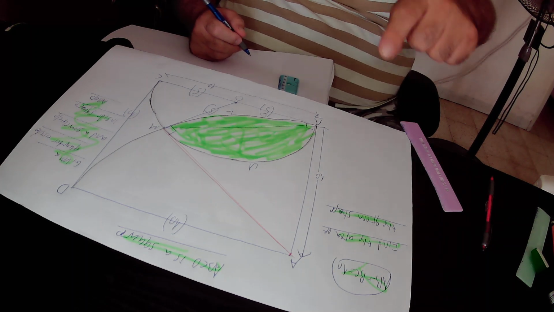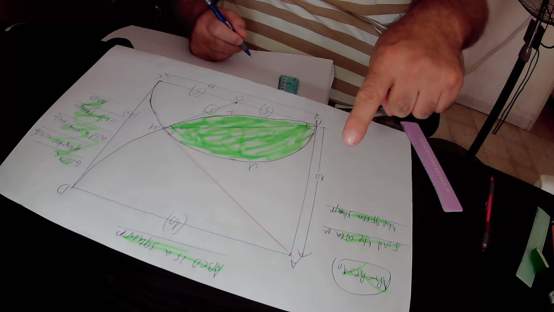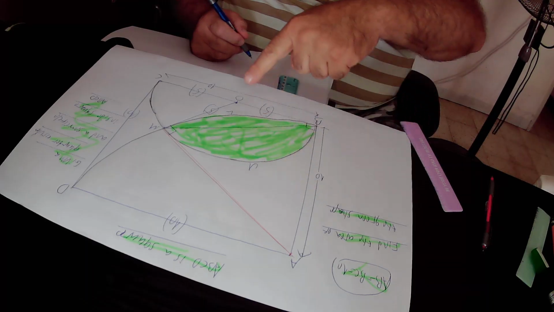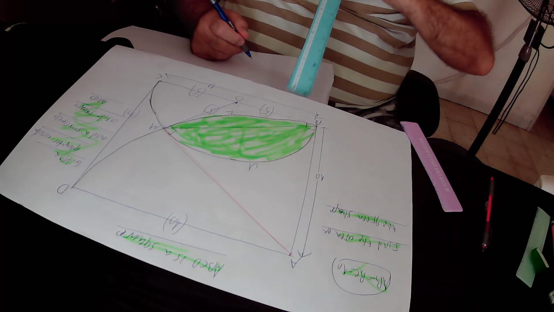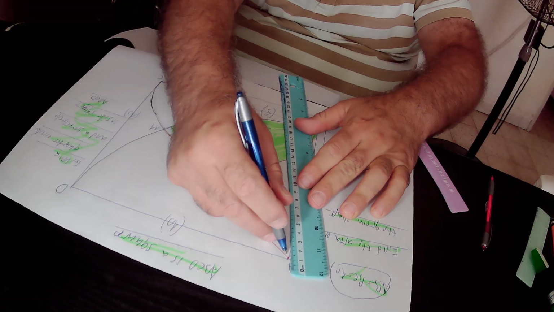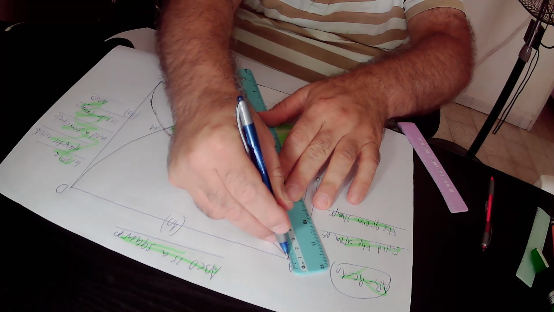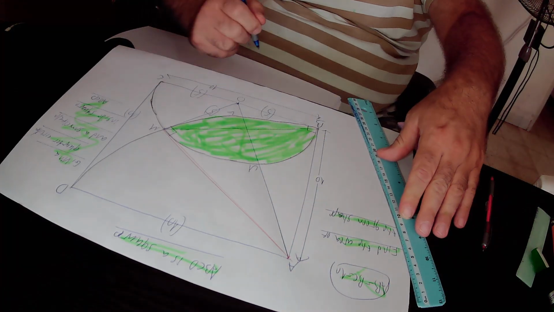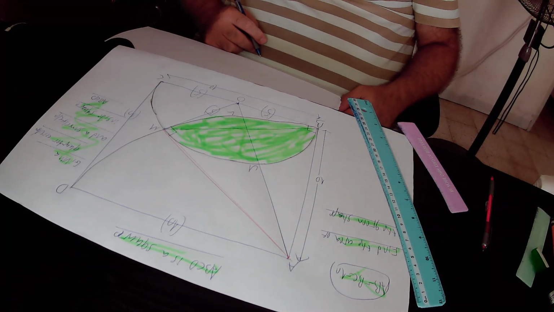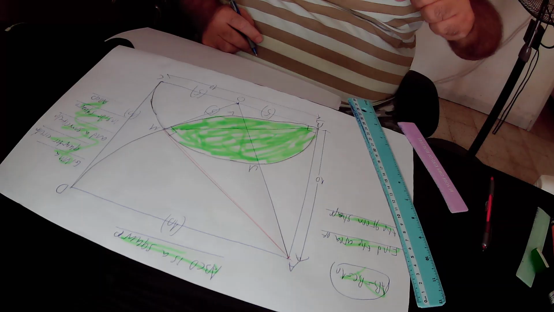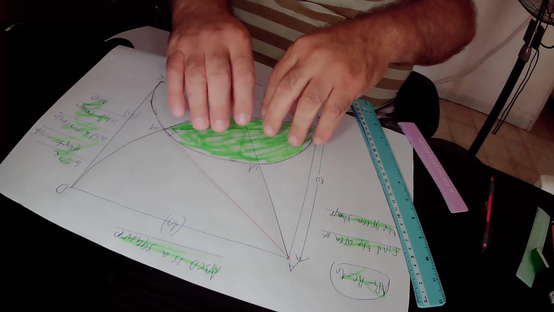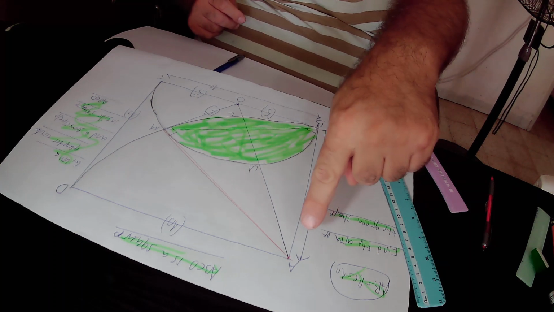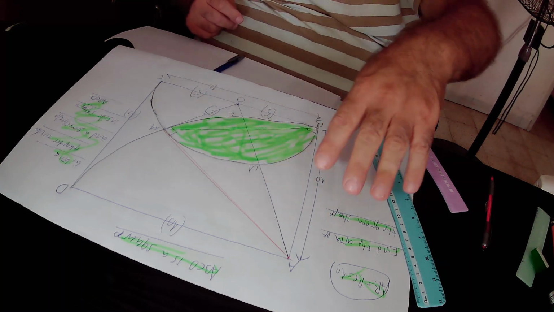But before I copy sector ABM onto a new page, we'll join points A and O together by a straight line. By joining points A and O, there are two right triangles: this is the big right triangle AOB, and this is another big right triangle AOM.